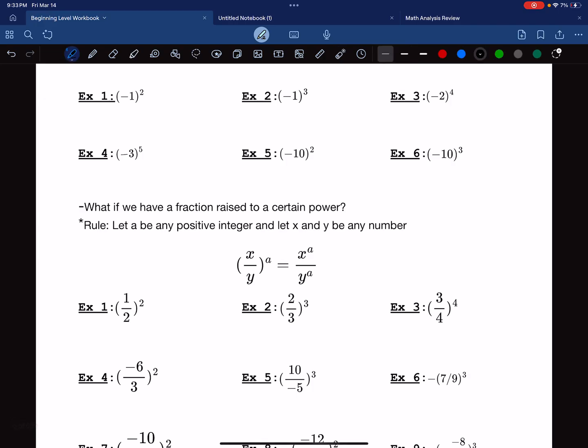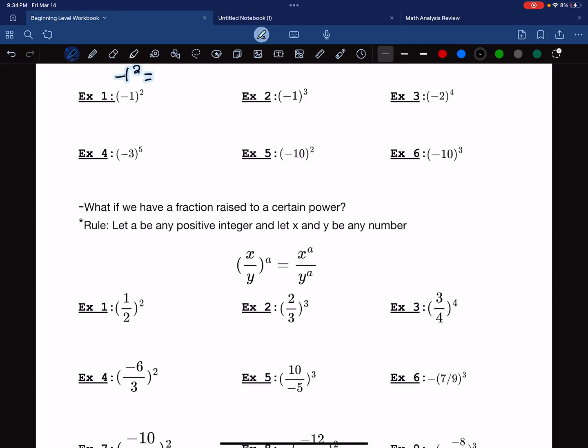So let's look at the first example. We have negative 1 squared. One important thing that I want to point out that a lot of people find really confusing is that there are parentheses around this negative 1, and that is very, very important. Because if instead I wrote negative 1 squared without parentheses around the entire negative 1, it's not clear what exactly we're squaring.